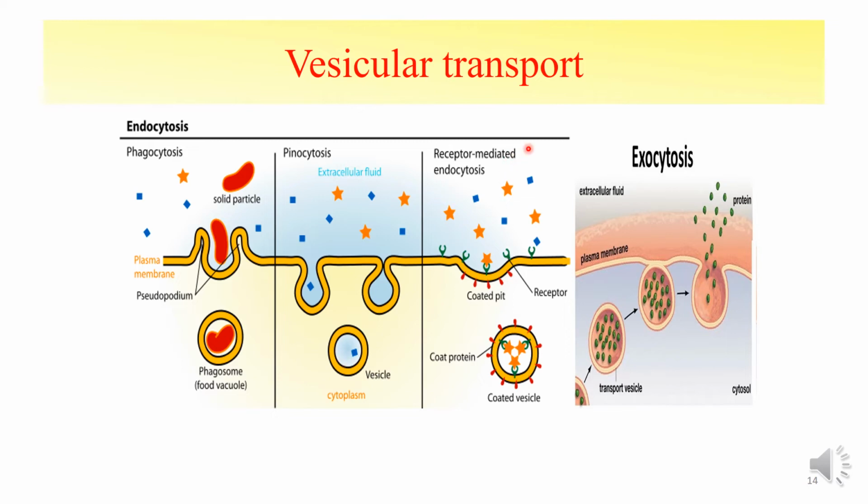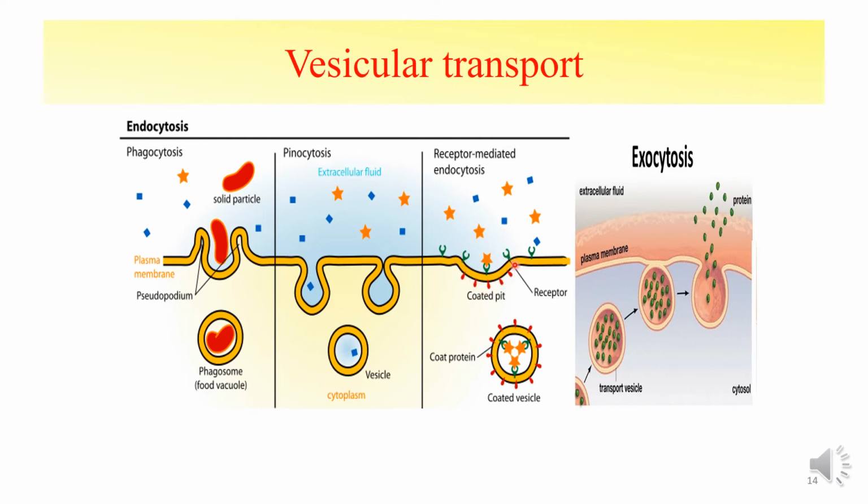The third kind of vesicular transport is receptor mediated endocytosis, in which I'll be quoting the example of clathrin coated pits. These are special structures found on cell membranes, where low density lipoprotein is taken in by these clathrin coated pits.